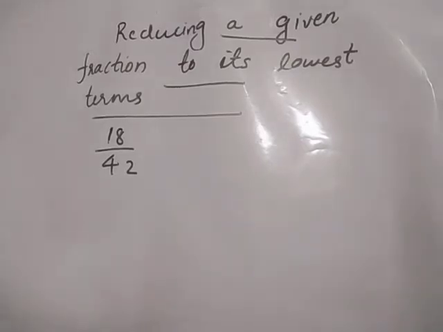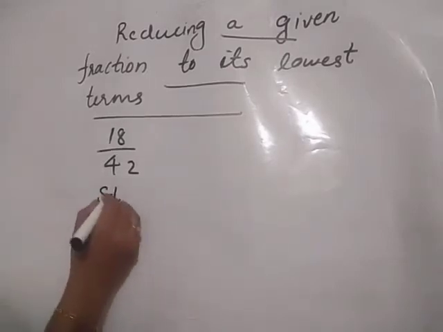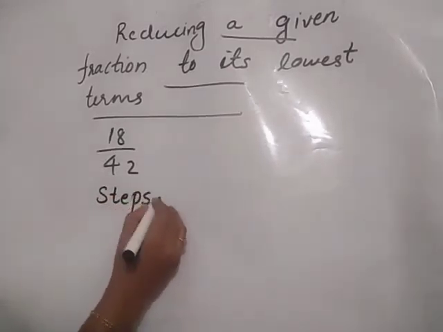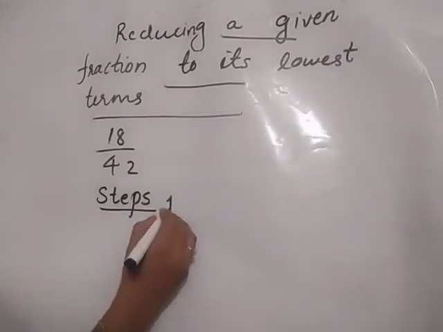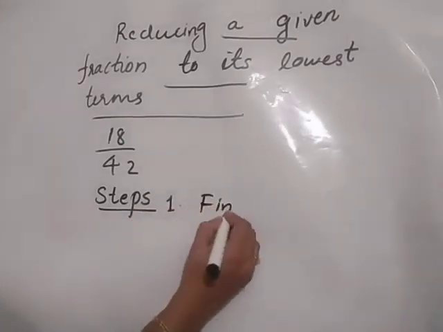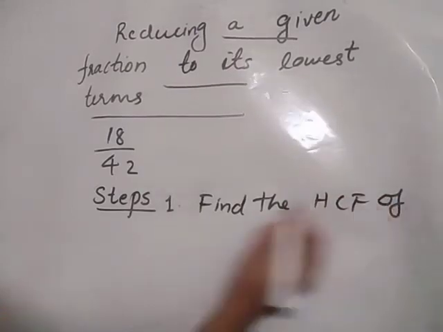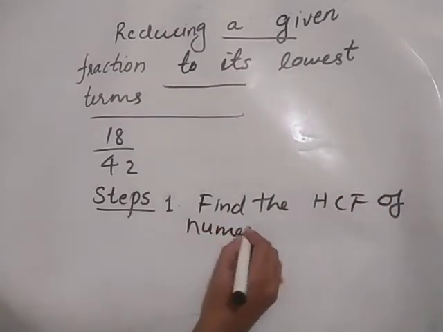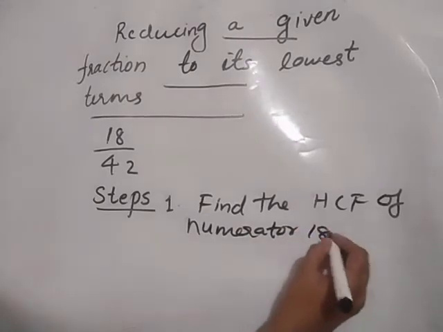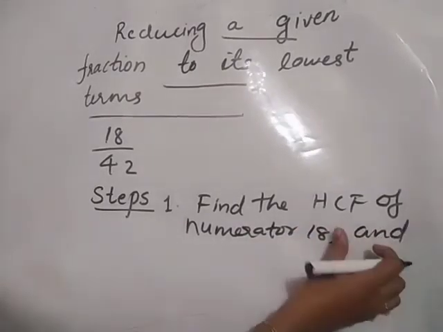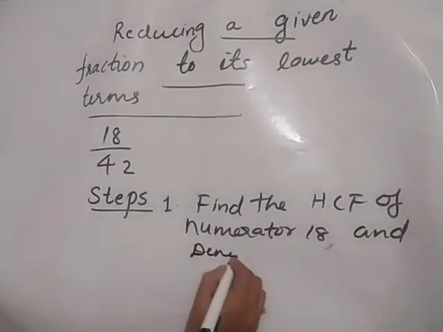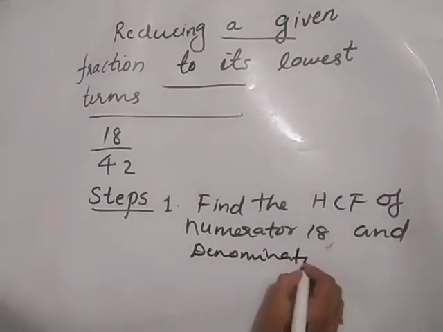How can we do this? We have certain steps. First step, find the HCF of numerator 18 and denominator 42.